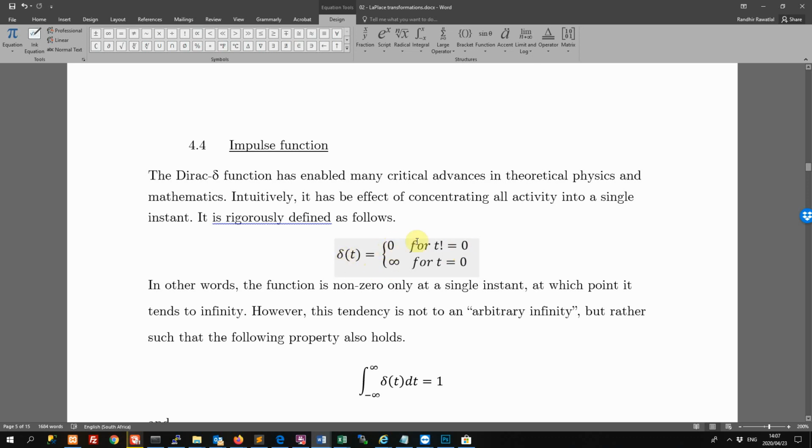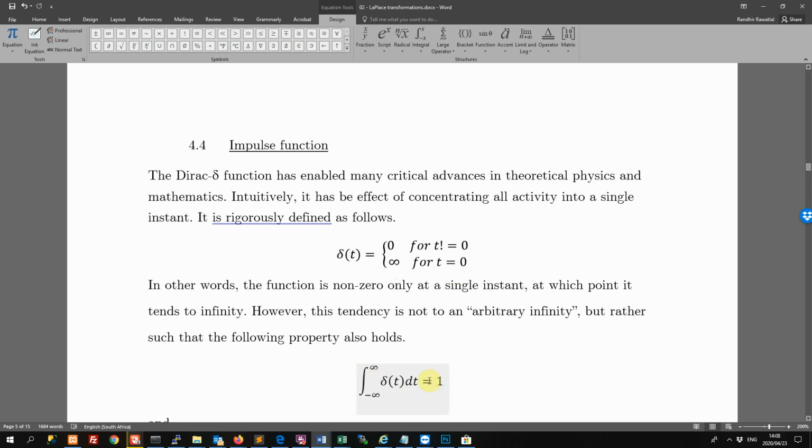So it's really 0 most of the time, except at one very special value. So when the argument is a 0, then this function goes off to infinity. And it goes off to infinity in kind of a special way. It goes off to infinity such that if you integrate under that 0 instant, you get back an area of 1.